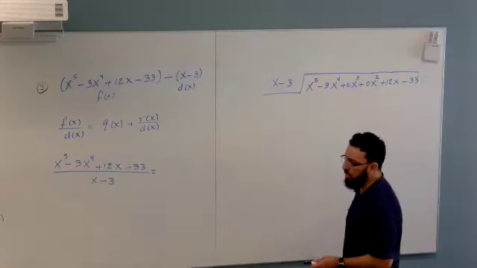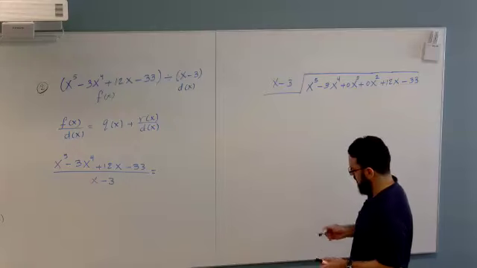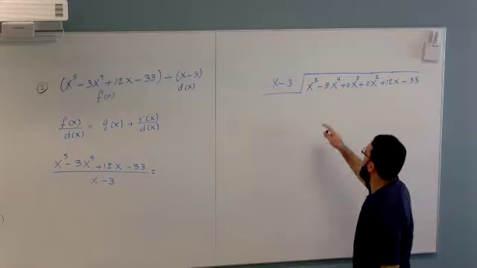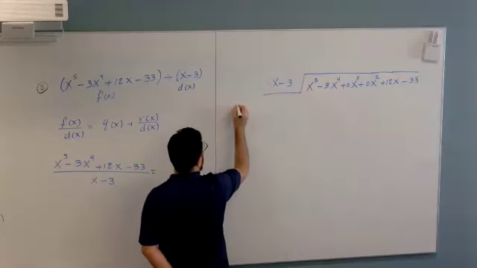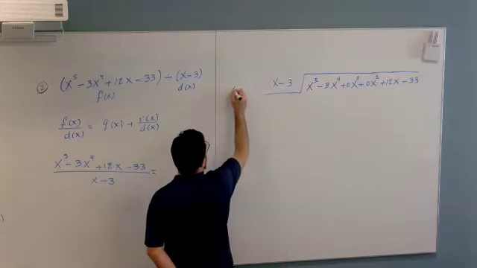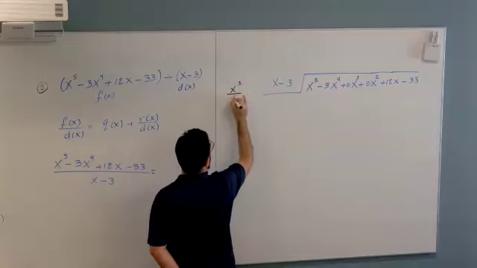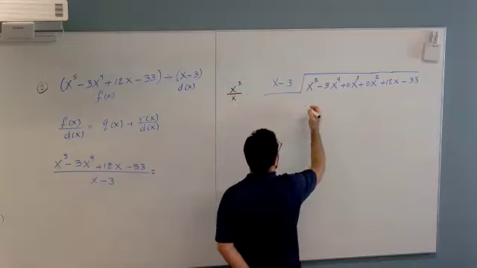Now, next step, we're going to divide. The first term, x to the power 5, divided by x, is going to be x to the power 4.